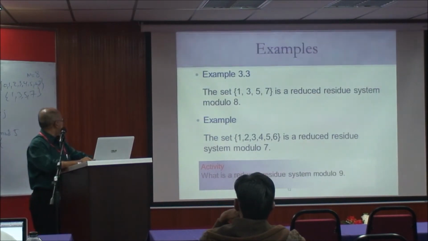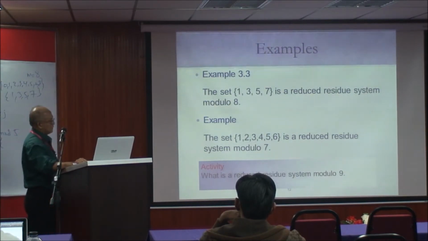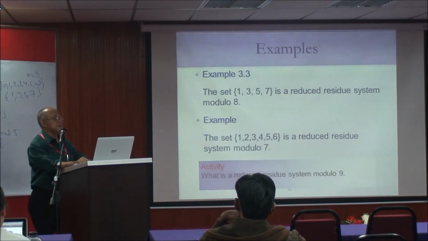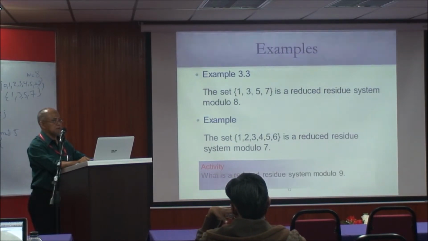Okay, so let me answer this one. What is the reduced residue system modulo 9? Out of the 9 integers, the only integers which are relatively prime to 9 are 1, 2, 4, 5, 7, 8. Is it correct?